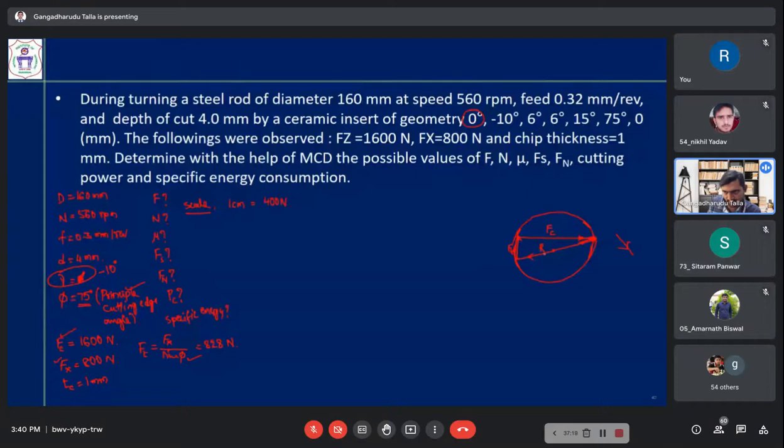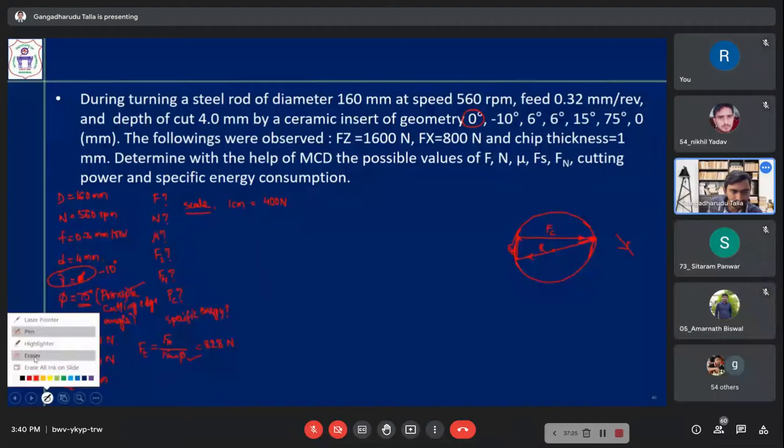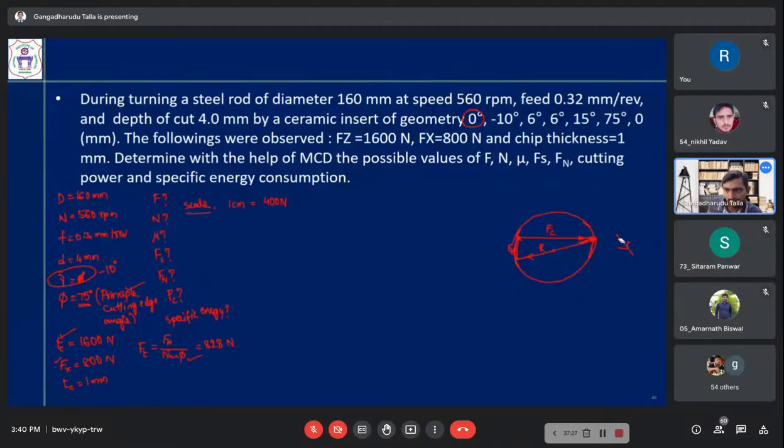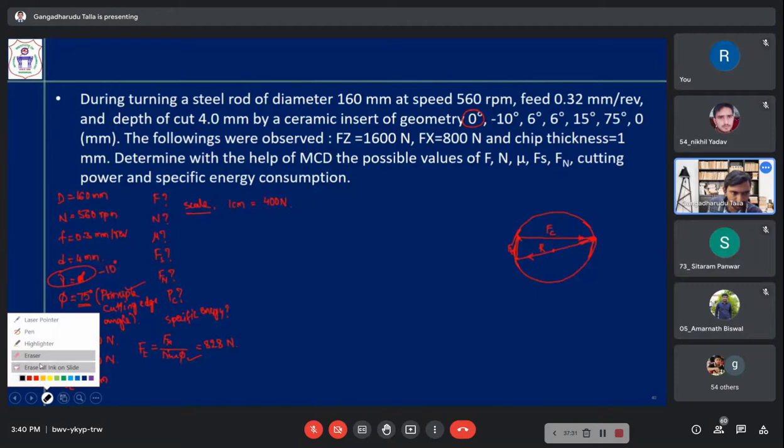My circle is not very clear, so it is looking like that. All of you do this in your notebooks.